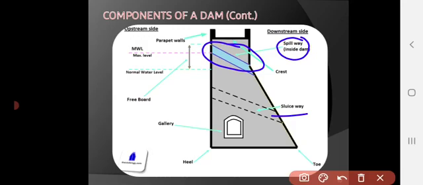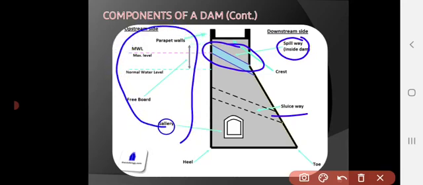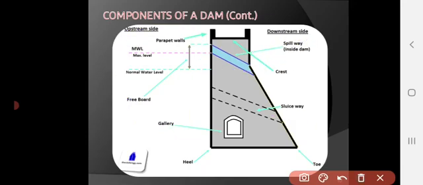Other components are the levels in the reservoir, like we have already discussed in the reservoir PPT: maximum water level, normal water level. Freeboard is the top portion of the dam or reservoir that is kept open, right? And okay, so these are the components of the dam.